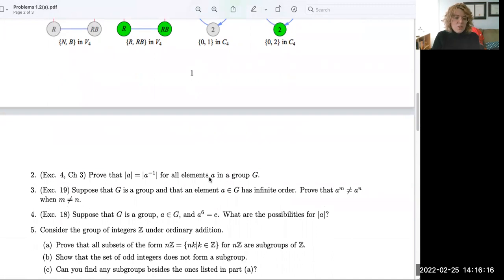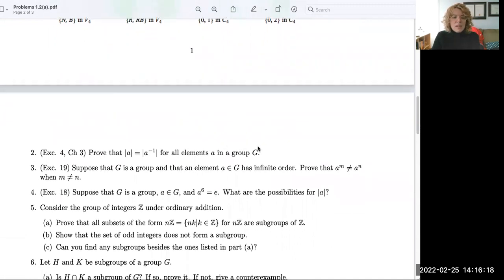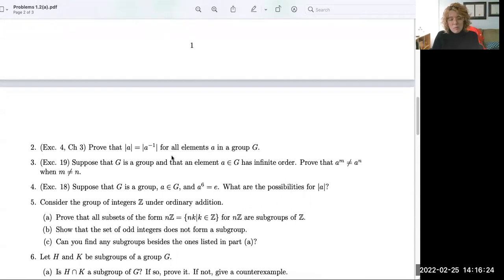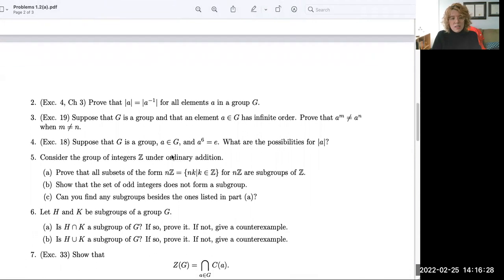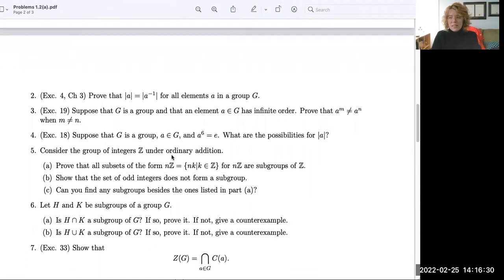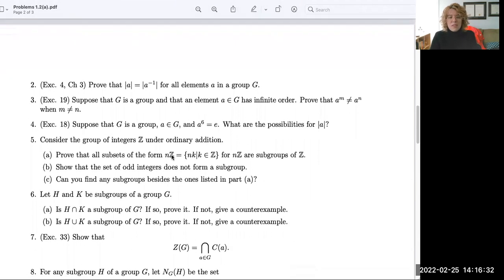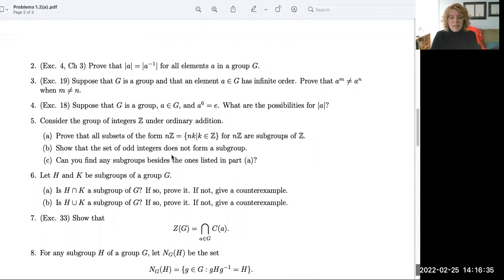Okay, so for question number 2, you should do this in a proof by contradiction, probably, or let me think. Prove that A is equal to A inverse. Is there another way?